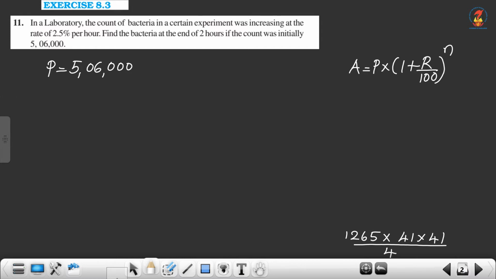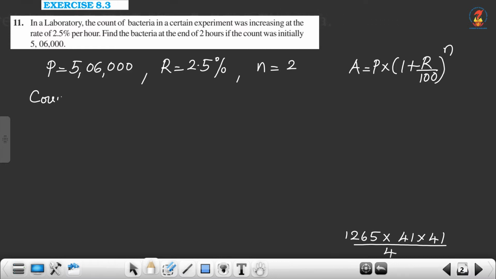Now the rate of increase is given, R equal to 2.5% per hour. So we have to find out the count after 2 hours. So we can take the value of n as 2. Now A stands for the count of bacteria after 2 hours.